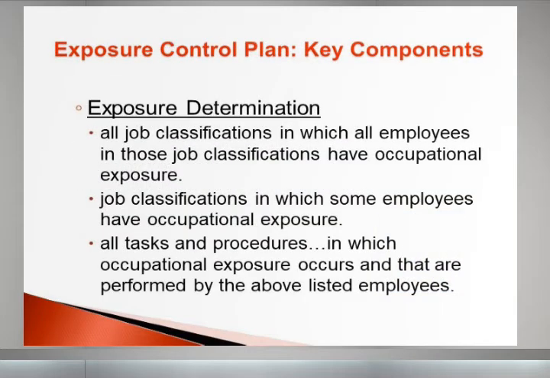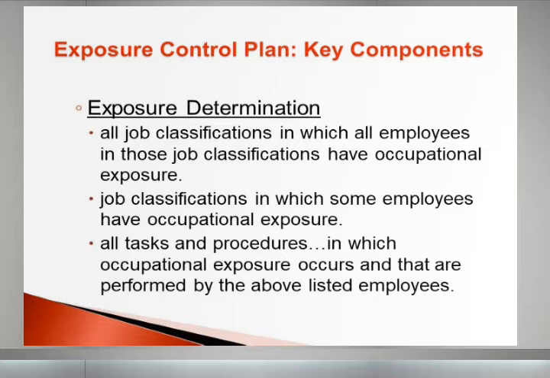So one of the key components of an exposure control plan, which you're required to have, is an exposure determination. Now, all the exposure determination means is that the employer lists all of the job classifications or employees in those job classifications that have occupational exposure.